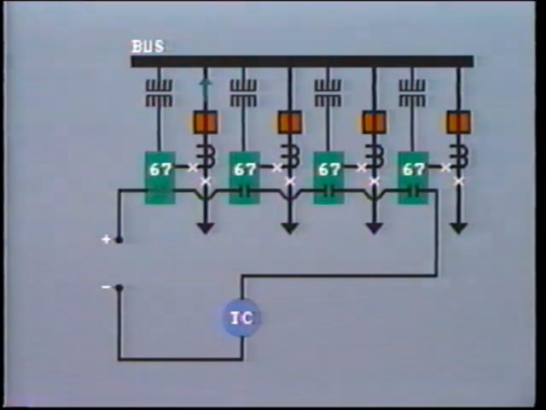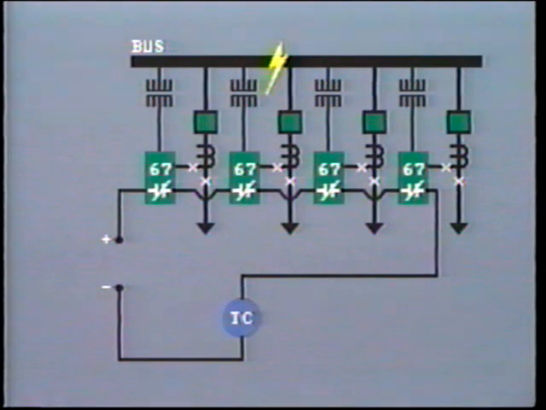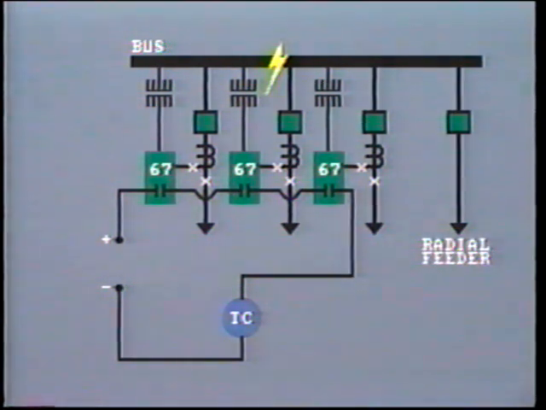Conversely, when current flow is into the bus, the contact is closed. For a bus fault, current will flow into the bus from all circuits, and consequently, all of the contacts will be closed, energizing the relay to trip all of the breakers. Where radial feeders are connected, there would be no reverse current into the bus, and therefore these are not included in the scheme.